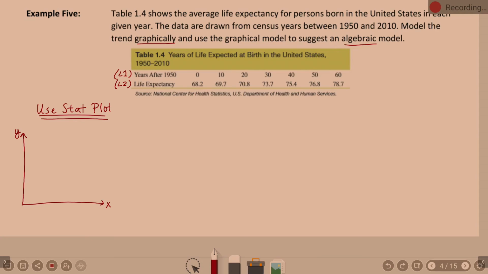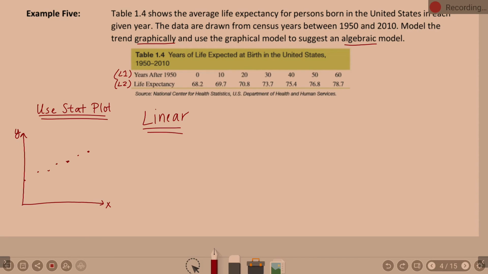Okay, so you've got points that look something like that. And as I said, we are going to think about it being a linear model. With thinking about it being a linear model, what do you guys know about linear?